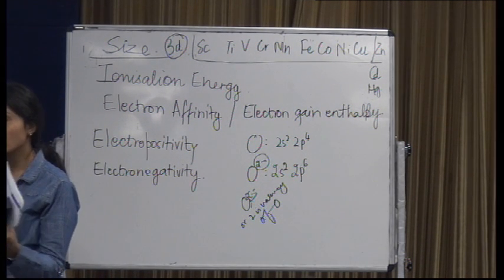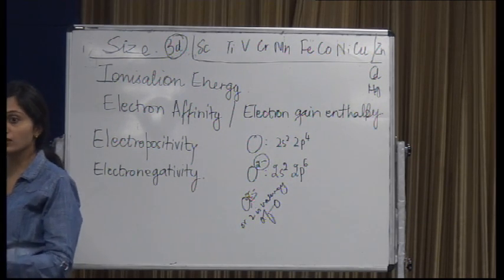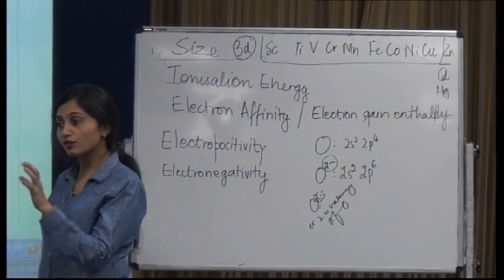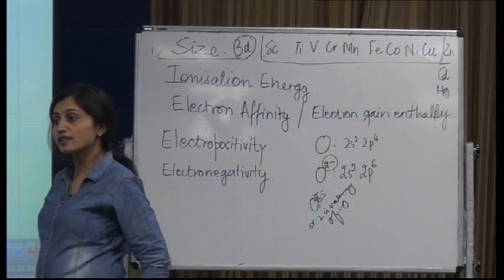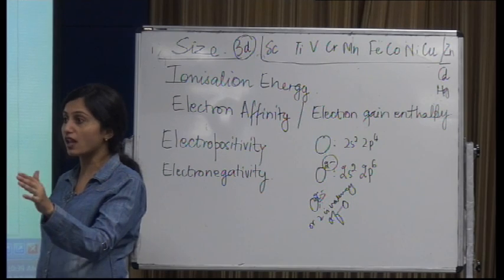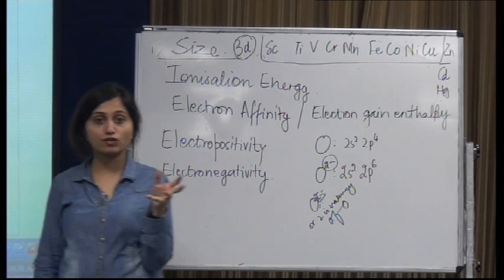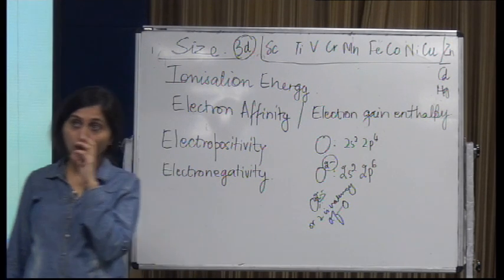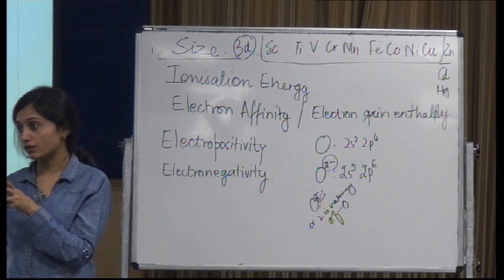Transition elements are called so because their behavior is kind of intermediate between the S and the P block, and their properties are similar to those in the transition cases. There are many things that make them transition elements. One reason is that they have d orbitals which are incompletely filled.